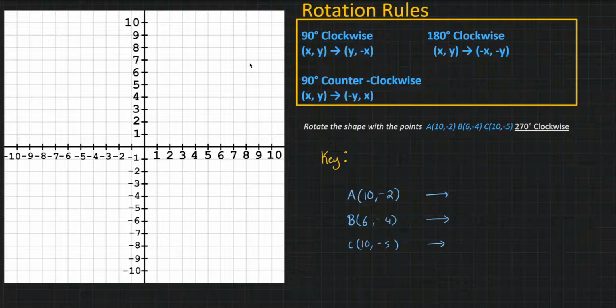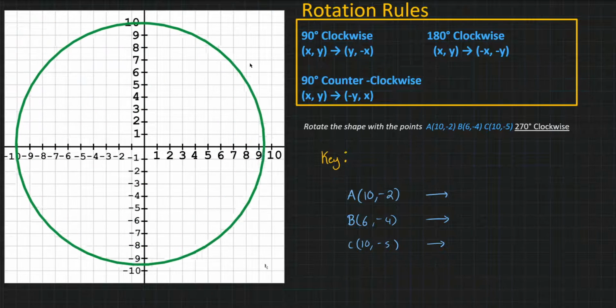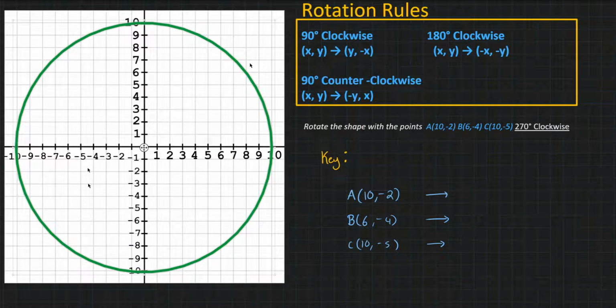Let's remember what rotating really is. Rotating is all about moving a shape, turning a shape in reference to a circle. So let's say I had the point right here, a point on 5. And I want to rotate it 90 degrees counterclockwise. We'll just do this one, 90 degrees counterclockwise.